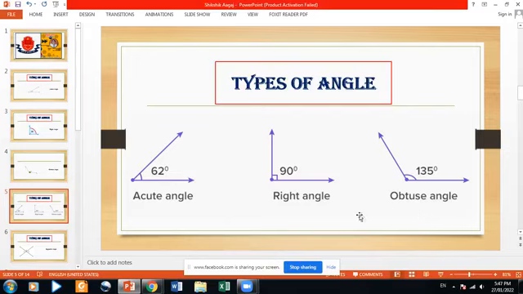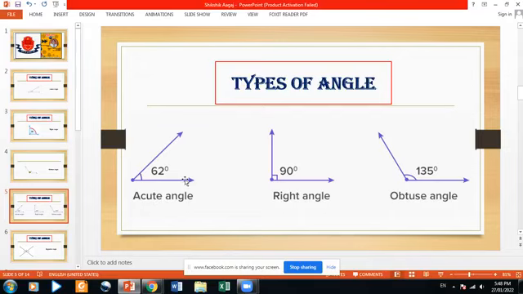I am emphasizing these three angles more because if you practice these three types of angles, then only can you remember the next ones that we are going to see. If you are very regular with these angles, then by your vision also you can identify what type of angles they are.